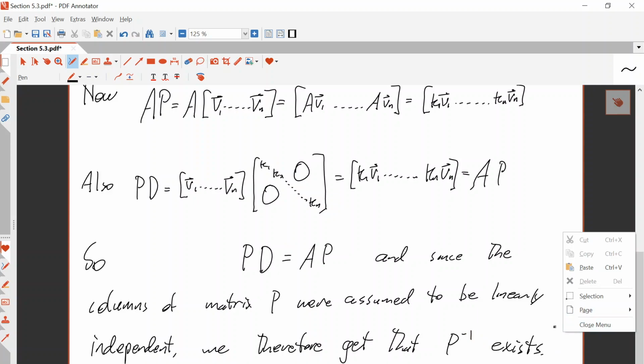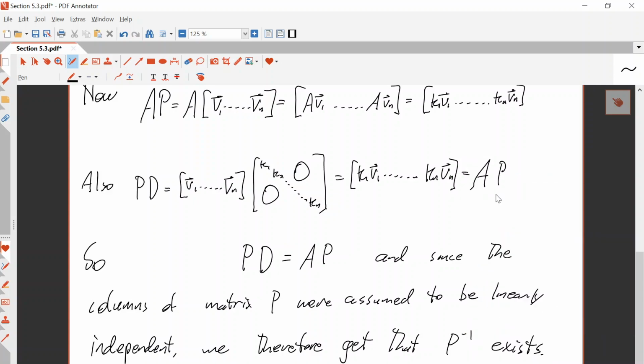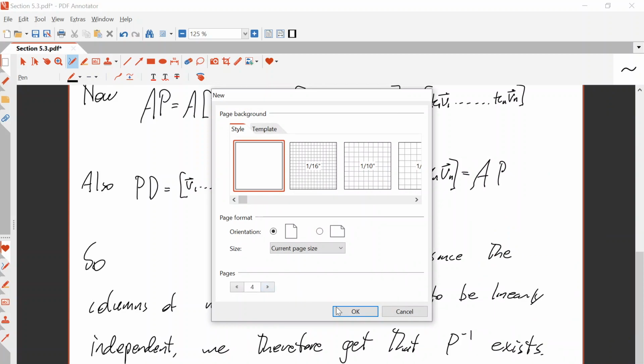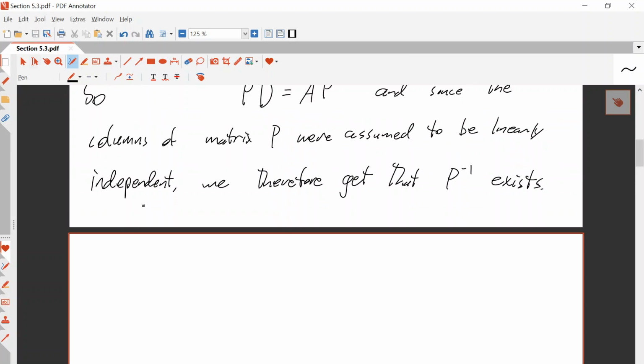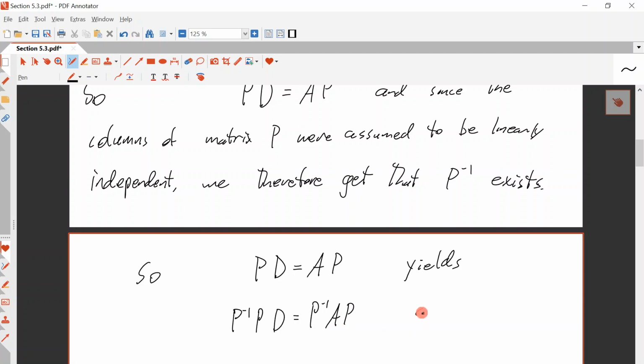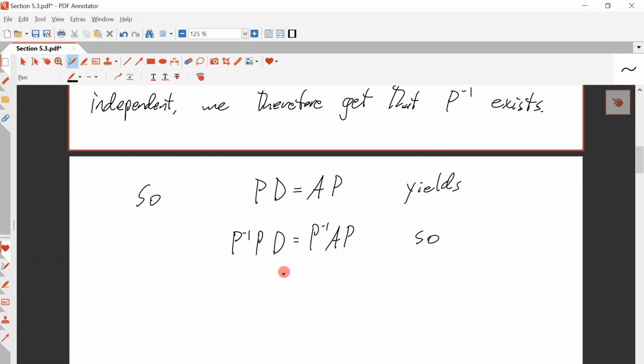So what does that get us? PD equal to AP yields P inverse PD equal to P inverse AP. Well, P inverse and P cancel, and you get D is equal to P inverse AP.